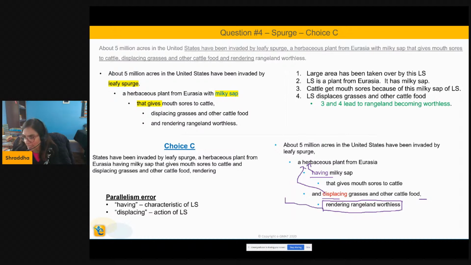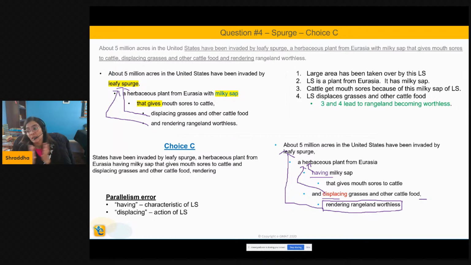Even in the original sentence, why are we not saying that displacing is modifying this particular clause? Do you remember what were our two conditions to use the verb-ing comma plus verb-ing modifiers correctly? The first is that the modification has to be logical. The second thing is that, which is not there in this case.